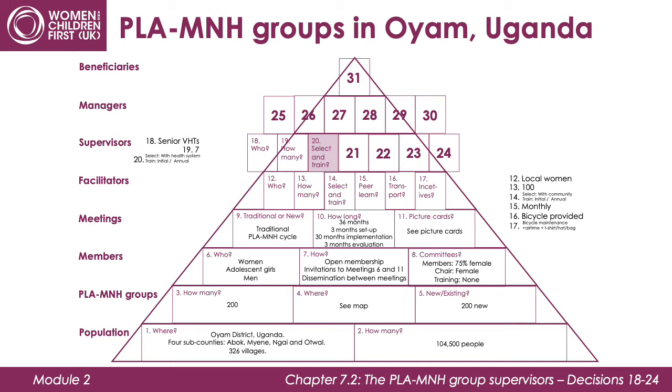Once confirmed, the PLA-MNH group supervisors received a 9-day initial training, a 4-day refresher training 1 year later, and a final refresher training the year after that. These trainings were delivered by the PLA-MNH group manager at a central location in the district.